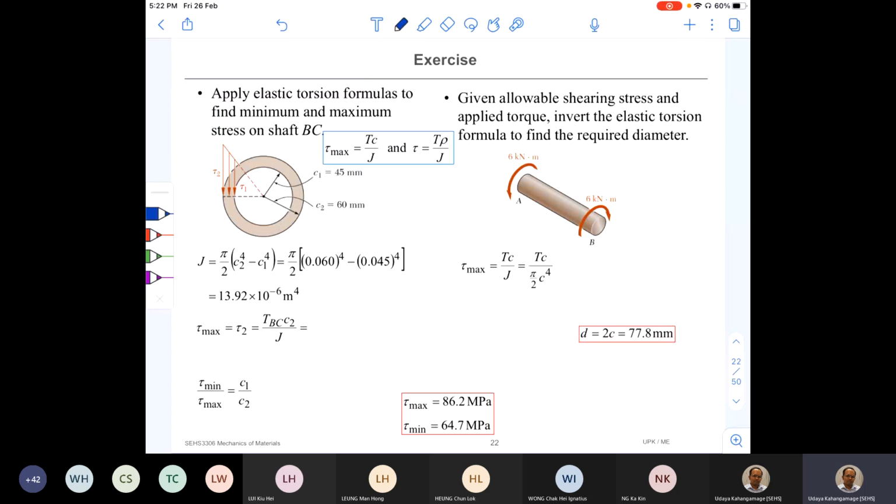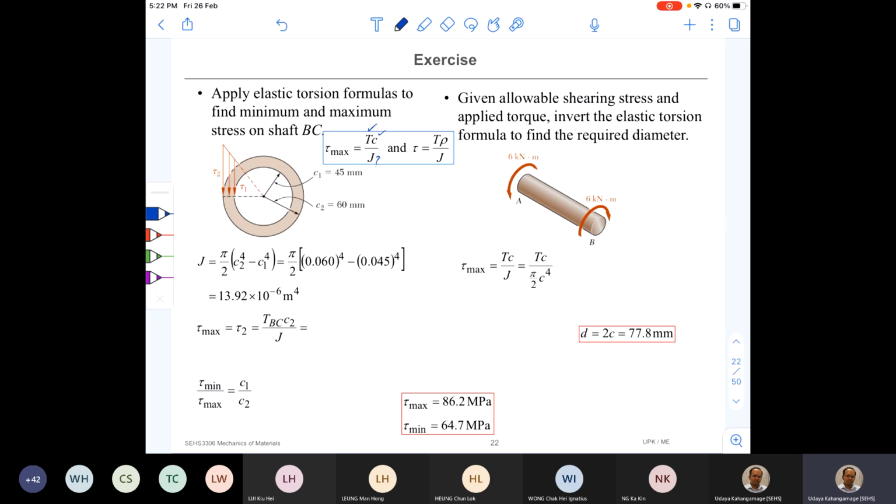Between B and C, the cross section is a hollow circular section, and now we are going to use the torsion formula. We already found T to find the maximum shear stress, and C is already given.